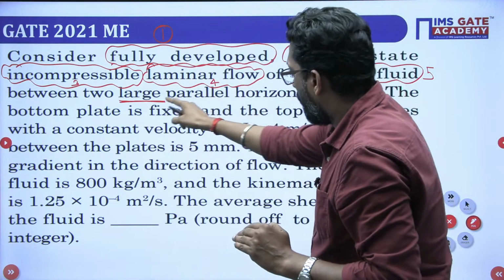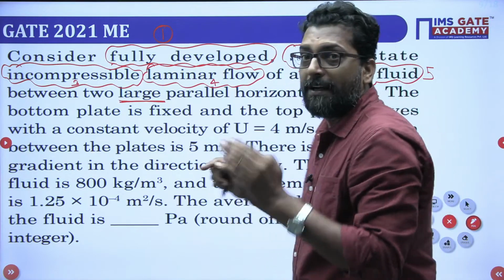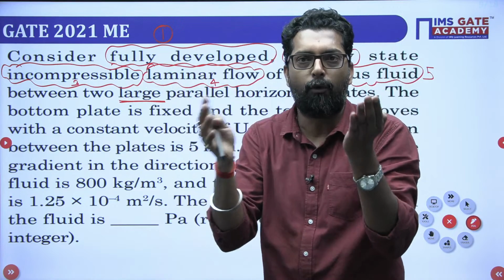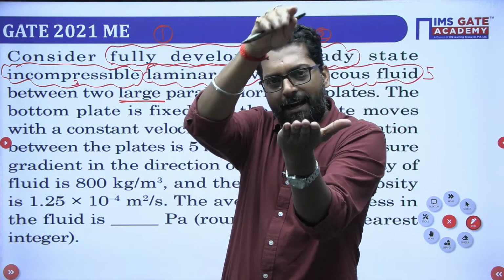So, large parallel horizontal plate. What is the meaning of large parallel? First we have to design the model of that problem. One plate is there, the other plate is there.